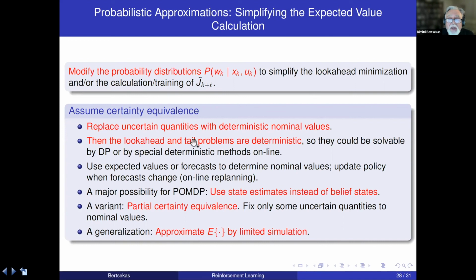So all of these are tricks that you can play within the context of approximation in value space, but there's always a price to pay in that they introduce approximations that you'd have to judge in a given practical context whether they're serious or not.